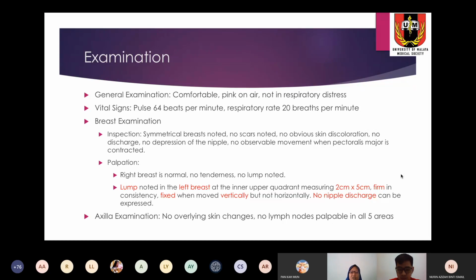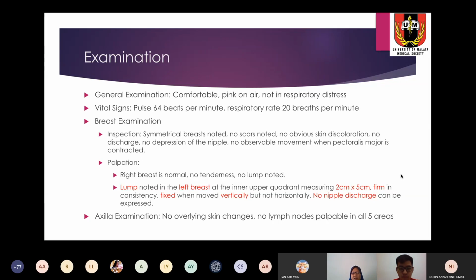The sign will be stony dullness. So when you percuss, if there is any stony dullness, it means that the patient might have a pleural effusion. That is how you check. Okay, that is a very focused examination. So I percuss for pleural effusion and check bony tenderness.